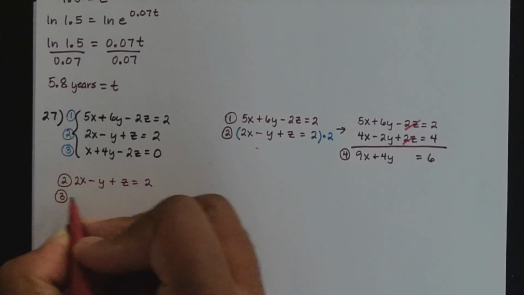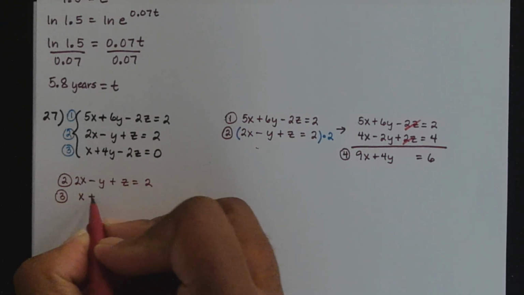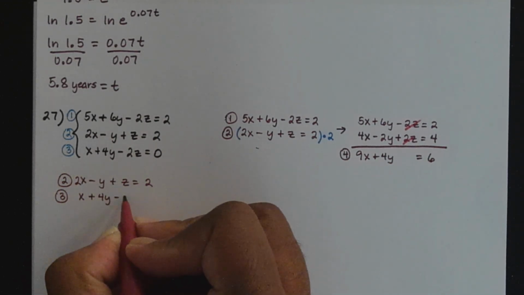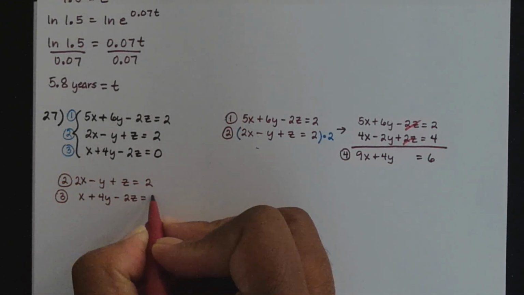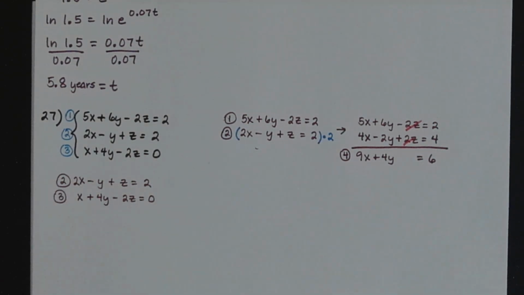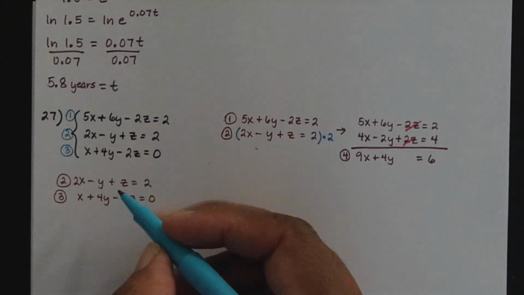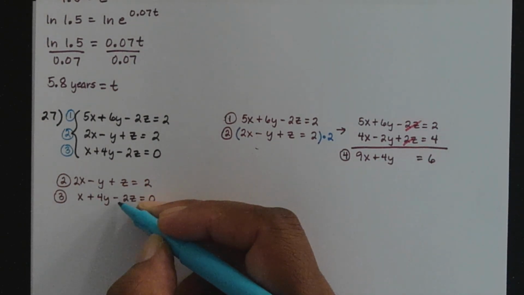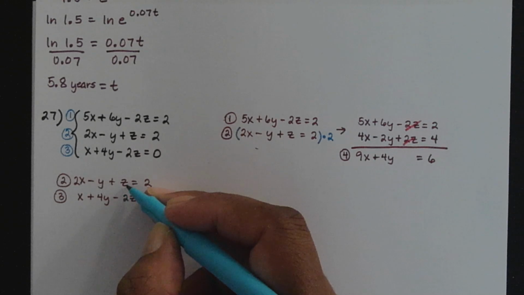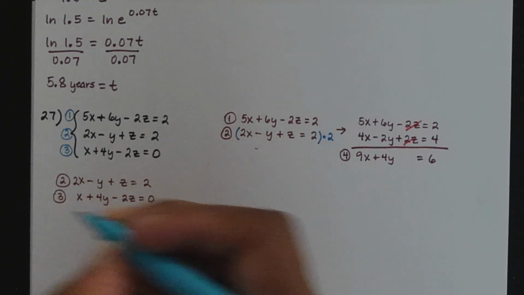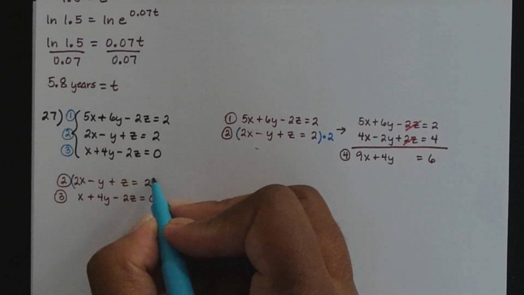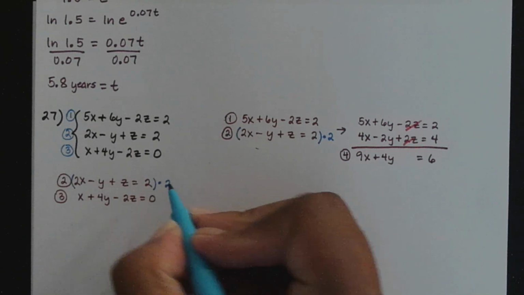Then equation 3, I got x plus 4y minus 2z is equal to 0. So in equations 2 and 3, I'm going to eliminate the z as well. Well, let's see here. I got a plus z and a minus z here. If I want this z to be 2z, I need to multiply that second equation by 2.